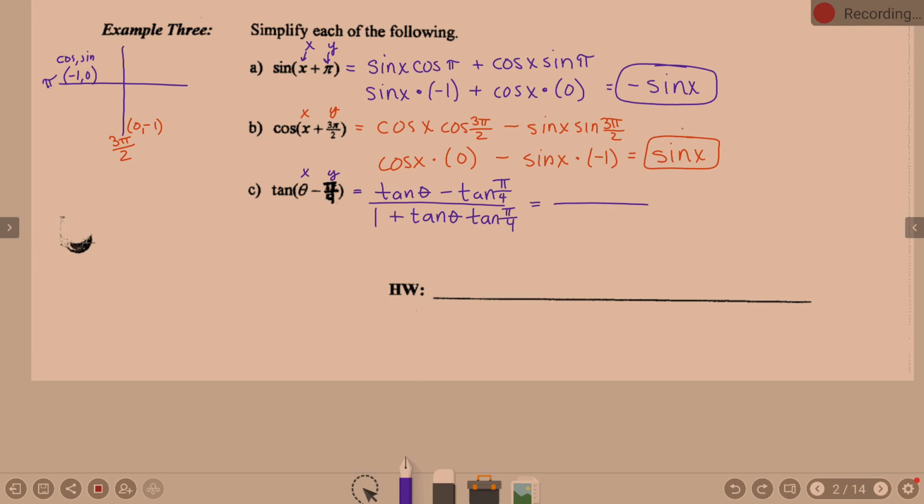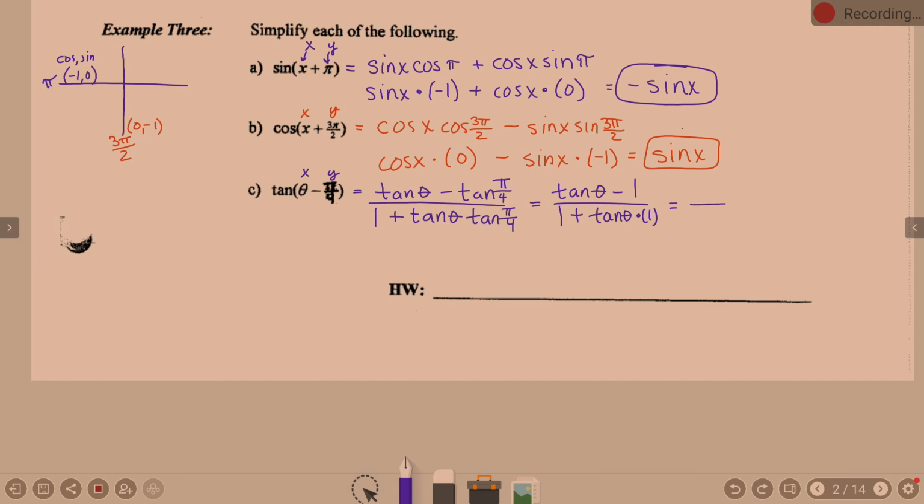Tangent of theta is tangent of theta minus, what's tangent of pi over 4? 1, over 1 plus tangent theta times, what's tangent of pi over 4 again? And that is a 1.